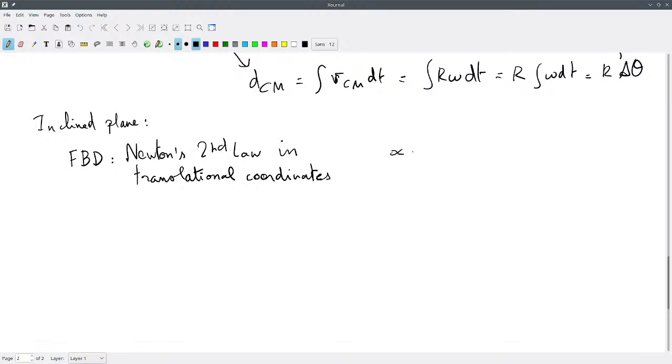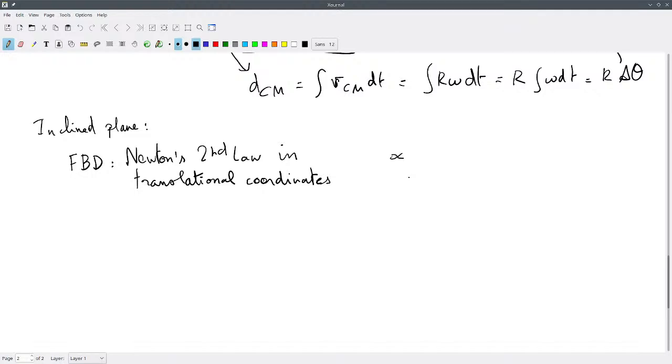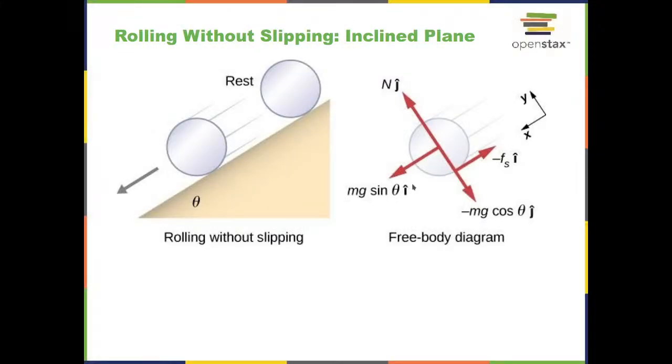In the x direction, we have mg times sine theta minus the force of static friction, which has to be there, of course, because of the fact that there's no slipping.